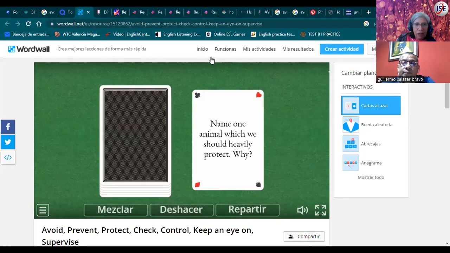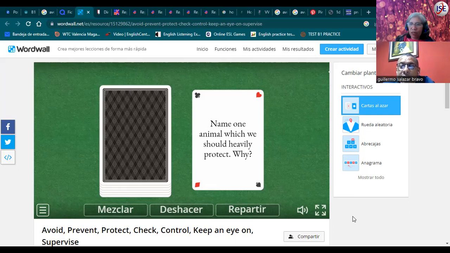Name an animal which we should heavily protect and why. An animal we should protect, and why? I think the polar bear.